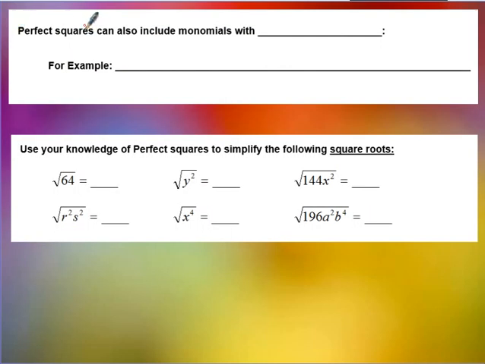Next, we are reminded that perfect squares can also include monomials with variables. So for example, a monomial, meaning only one term, that contains variables, such as x squared. That is a perfect square because x times x gives me x squared.